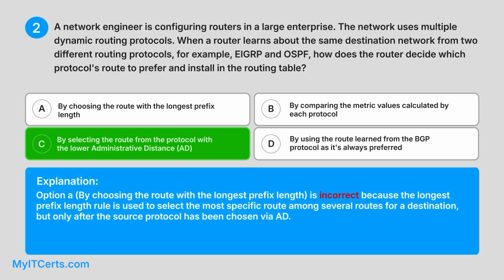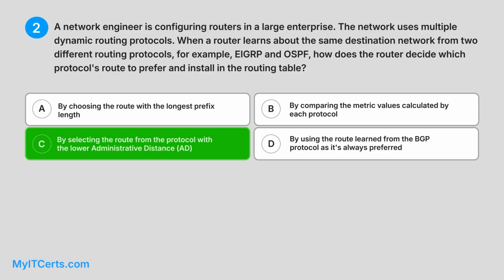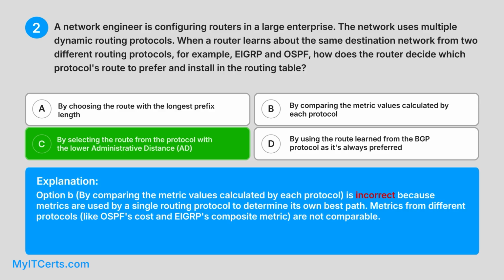Option A, by choosing the route with the longest prefix length, is incorrect because the longest prefix length rule is used to select the most specific route among several routes for a destination, but only after the source protocol has been chosen via AD. Option B, by comparing the metric values calculated by each protocol, is incorrect because metrics are used by a single routing protocol to determine its own best path.